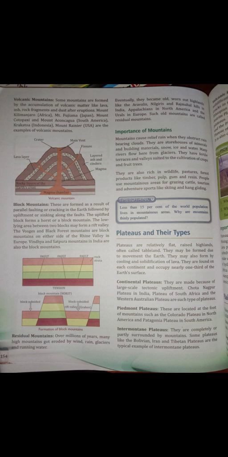So residual mountains are very old in age and are eroded by external forces like rain, glacier and running water. Examples of this type of mountain are Aravalli, Nilgiri, Rajmahal, Ural and Appalachian.